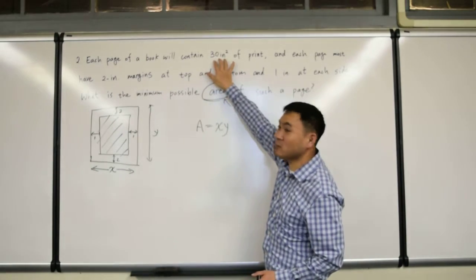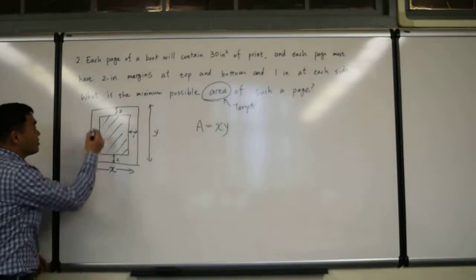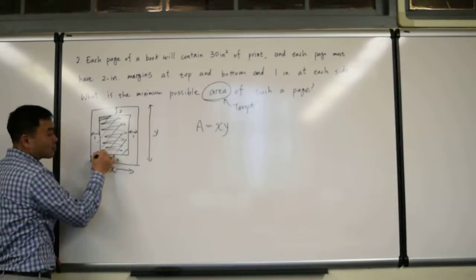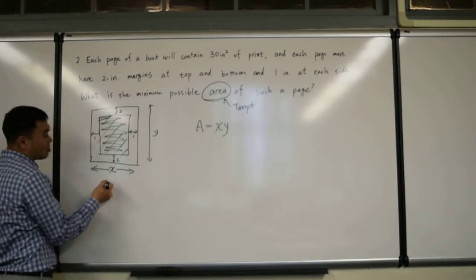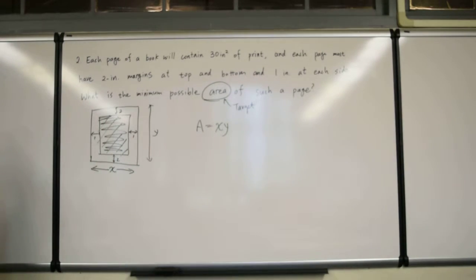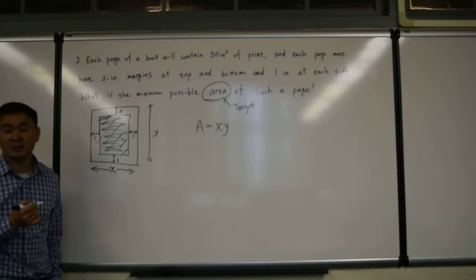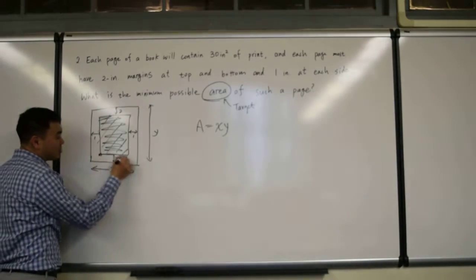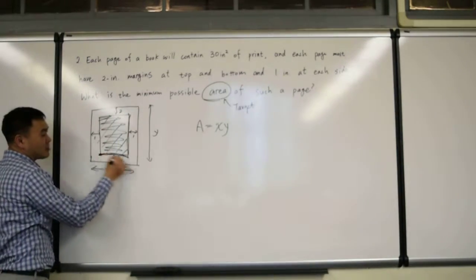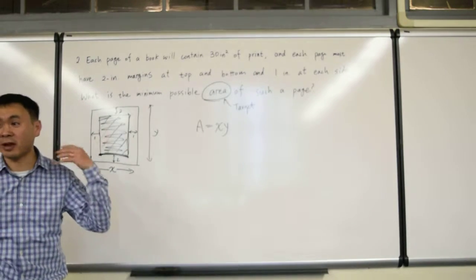Now, what is this 30 about? That's the area that you can print, right? This much. Can you express this in terms of x and y? Okay, so it's basically this length times that length, right? What is this length? x minus 2, because you're taking away 1 from the left and 1 from the right.